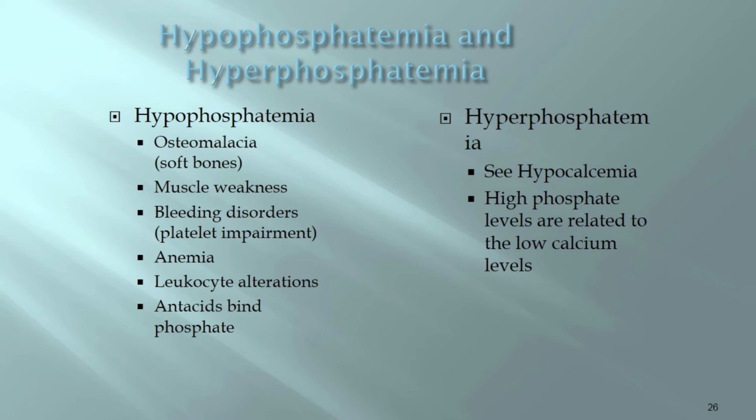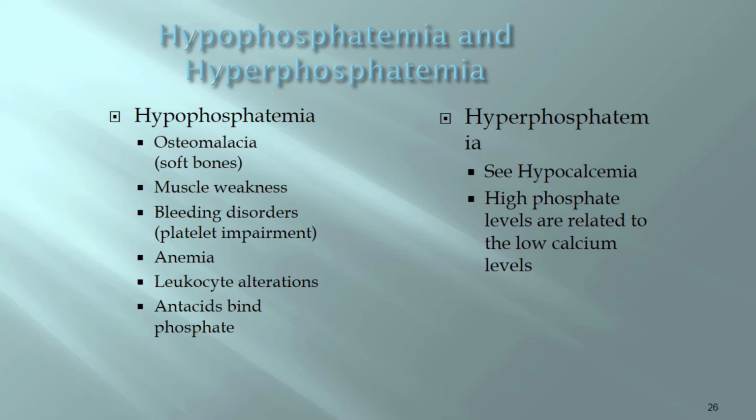And hyperphosphatemia is an elevated level of phosphate. Phosphate goes with the calcium, so hyperphosphatemia can be related to hypocalcemia.